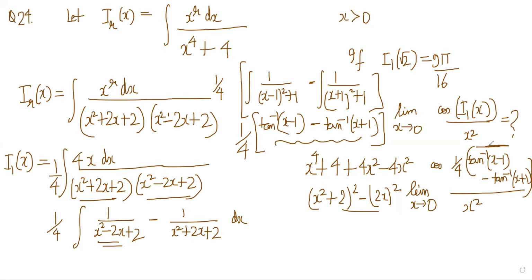Now this part here, if x tends to 0, tan inverse of minus 1 is minus pi by 4 and tan inverse of plus 1 would be pi by 4, so minus pi by 2. So this part becomes 0, correct? And the other part will also become 0. So you can possibly do L'Hospital's here, right?